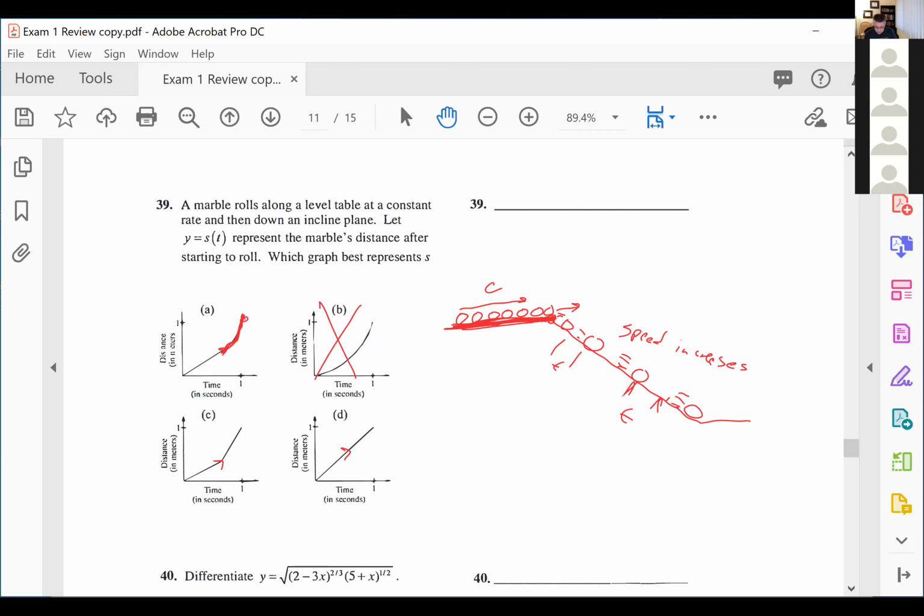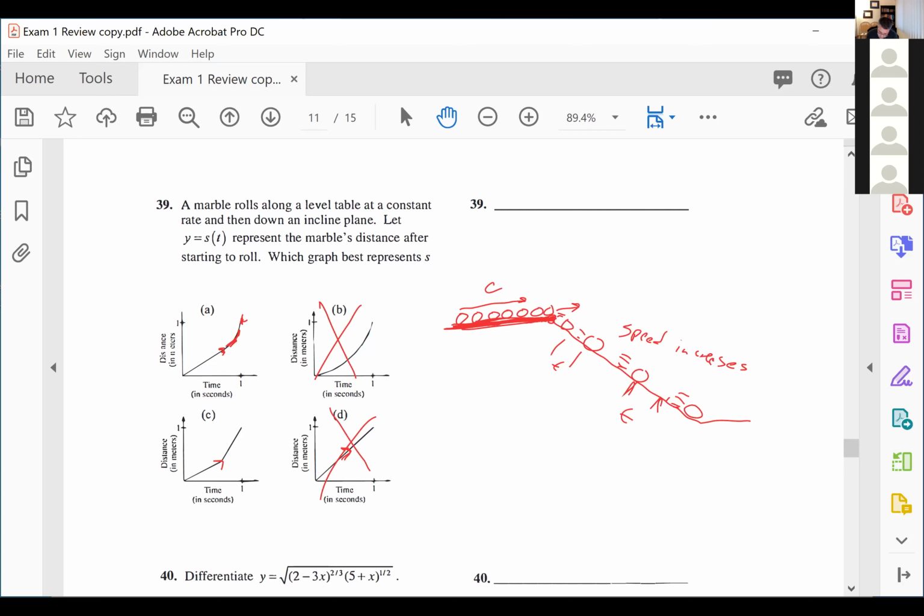It doesn't just immediately speed up and stay at the same speed. It goes up. So the answer is A here. It continues to increase. The speed increases until it hits the bottom. So it's not going to continue to go at the same rate. So D is out.